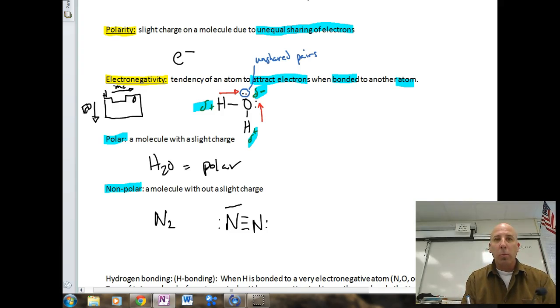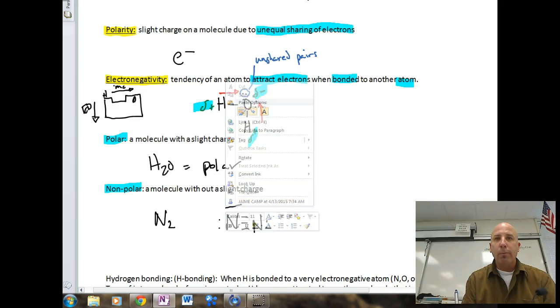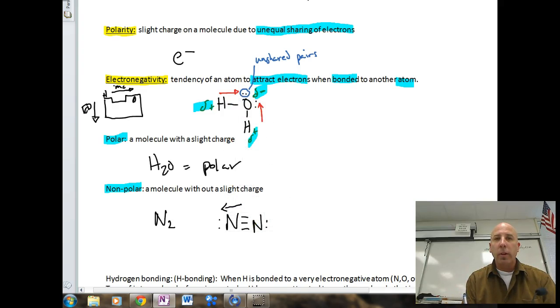So this nitrogen here will pull in this direction, and this nitrogen here is going to pull in this direction, but they have equal electronegativities, so nobody's going to win. So there's no overall charge on this molecule, and that holds true with all of our diatomics.